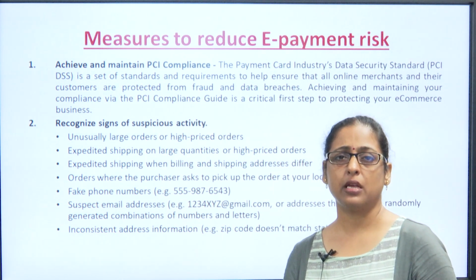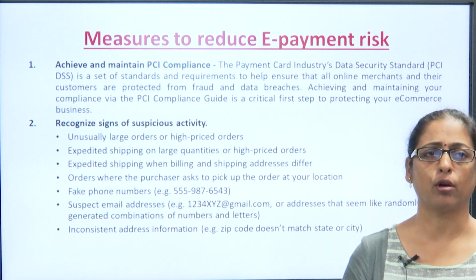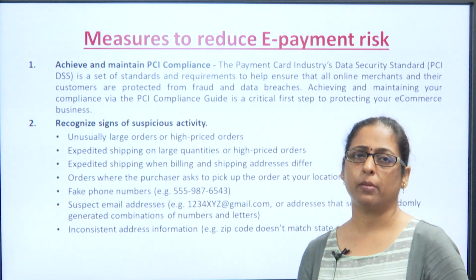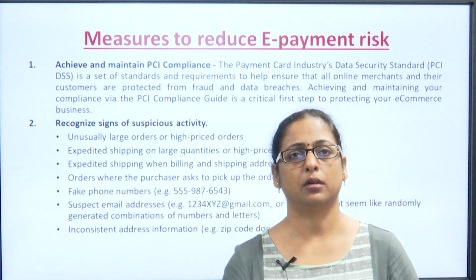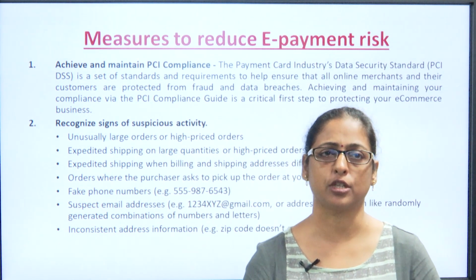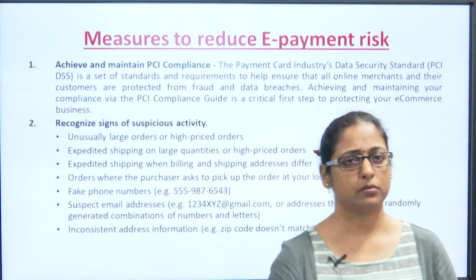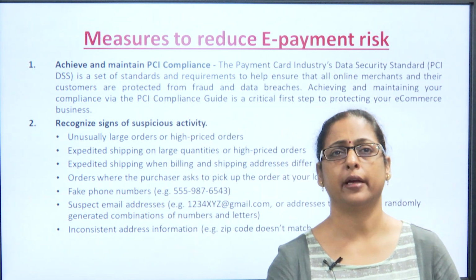However, the companies and the government are collaboratively making a lot of efforts to reduce the payment risk, and there are various kinds of e-payment risk reduction methods which are used. For example, achieving and maintaining PCI compliance.